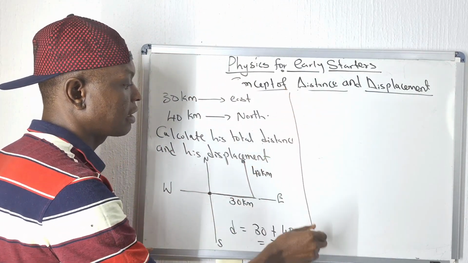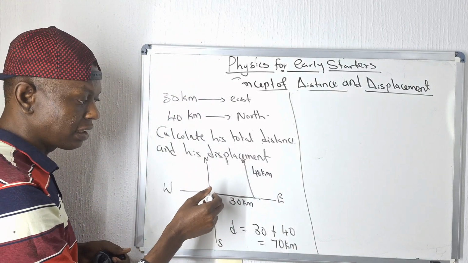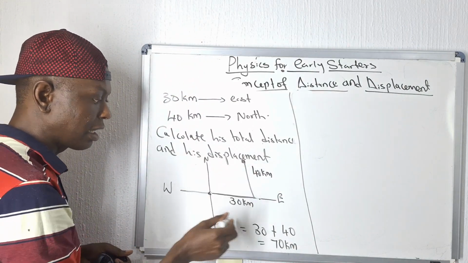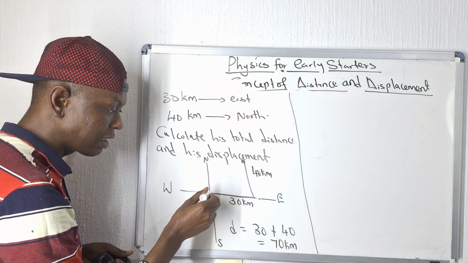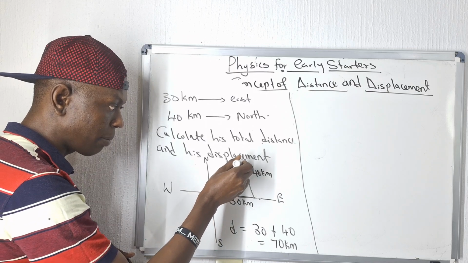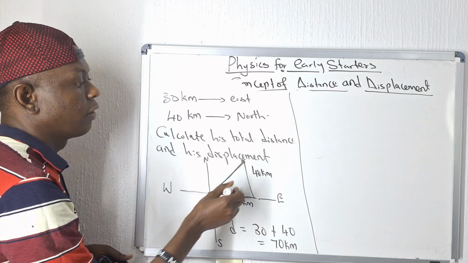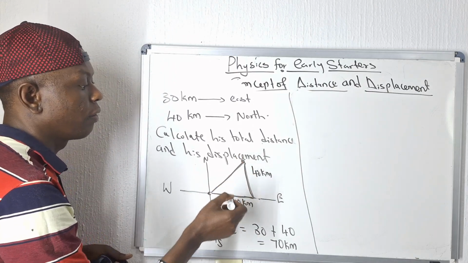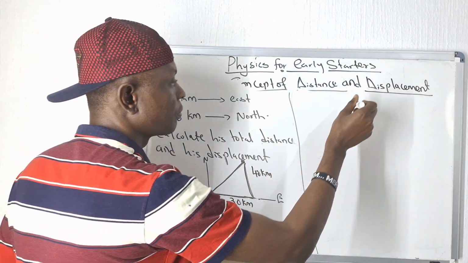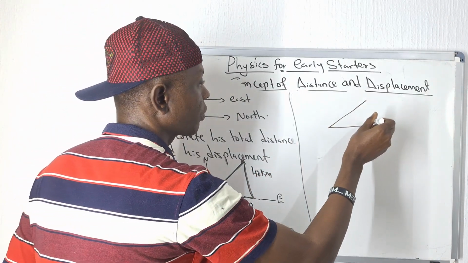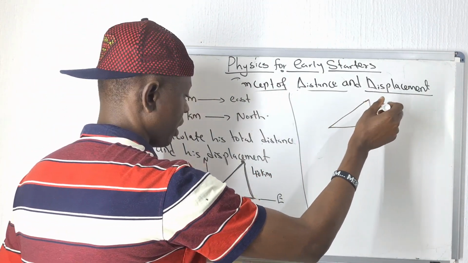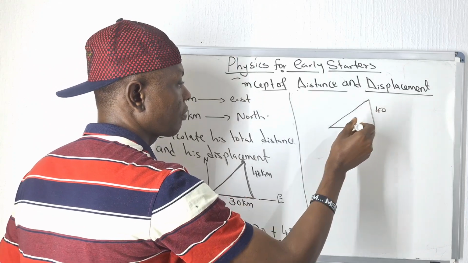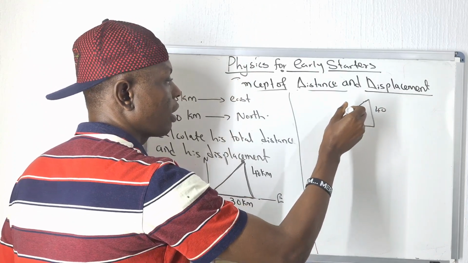But his displacement, remember I said displacement is the shortest distance. If this is his starting point and this is his ending point, you will all agree with me that this is the shortest distance to get to that point. So this forms a right angle triangle. We have 40 here, we have 30 here, and we have to look for x.